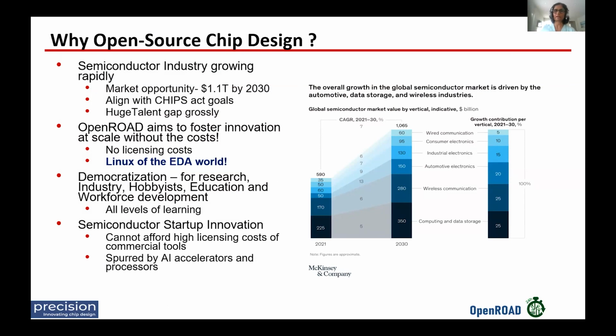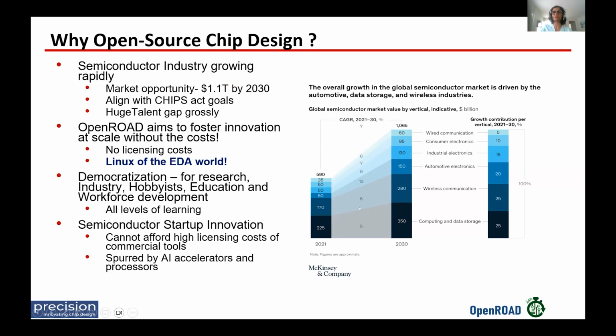So what you see on the right is a chart by McKinsey, and you can see that in 2021 it's close to a $600 billion market across all of these application areas, and that is projected to double to almost $1.1 trillion by 2030.